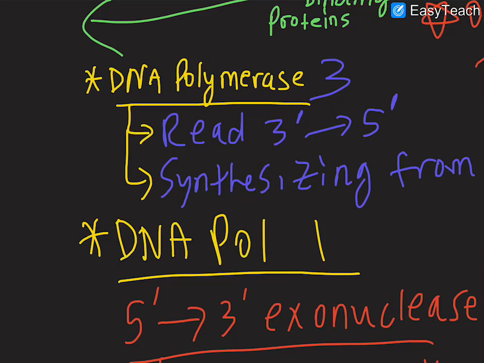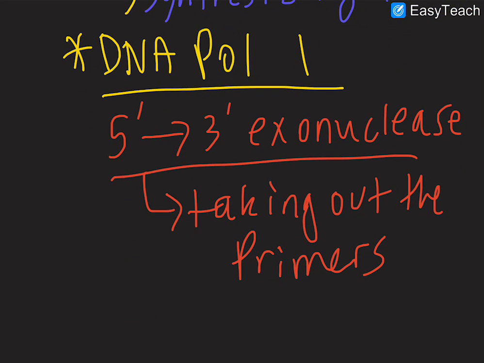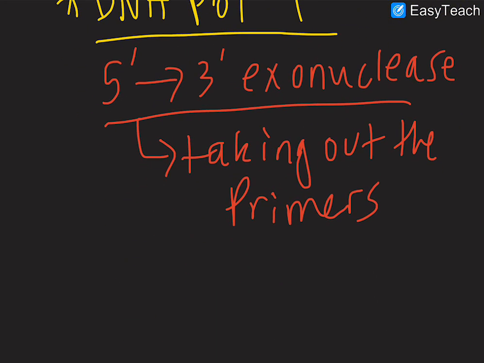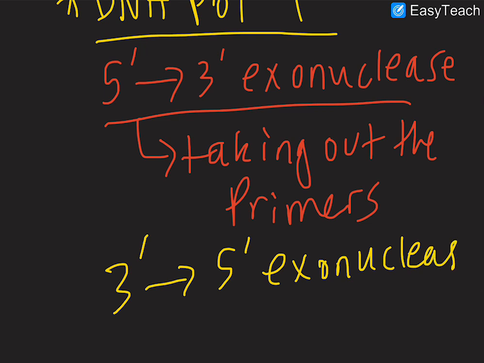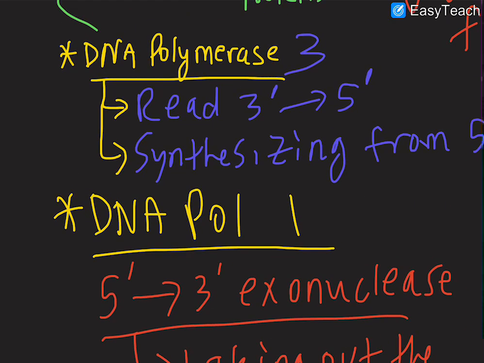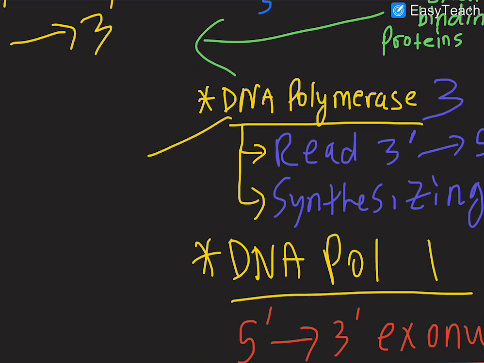Additionally, DNA polymerase 1 also has something else called 3 prime to 5 prime exonuclease activity. It's specifically for proofreading. And also, what we should know is that DNA polymerase 3 also has 3 prime to 5 prime exonuclease activity for proofreading.